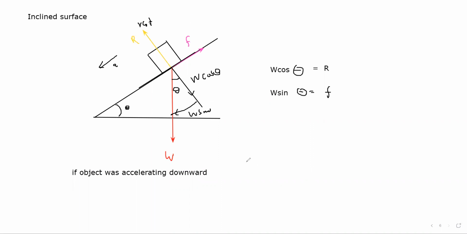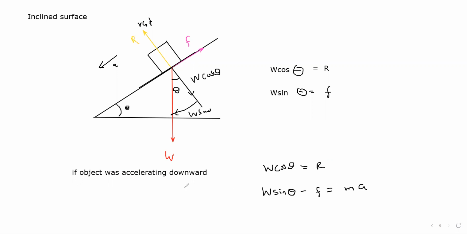But in the vertical plane, there is no acceleration, so again W cos theta will be equal to R. But what about the inclined plane? In that, it is accelerating, and we have Newton's formula, F equals ma. So the resultant force which is causing the acceleration, W sin theta minus friction, is equal to ma.